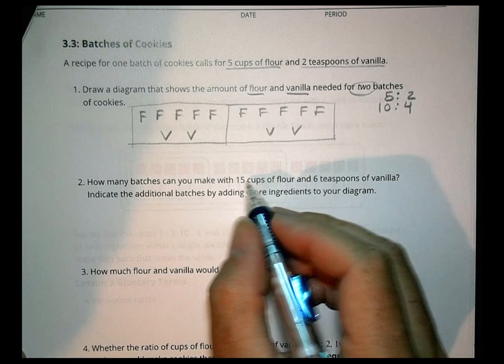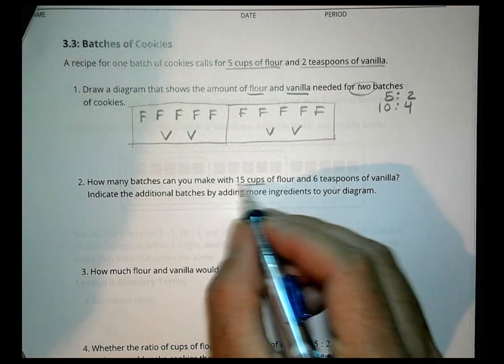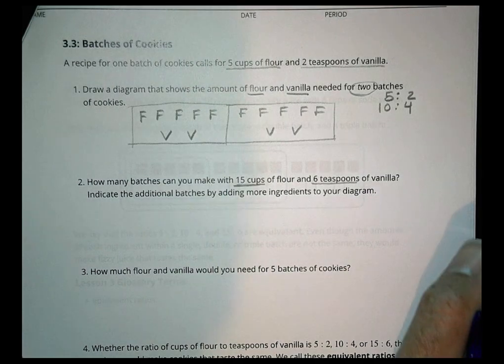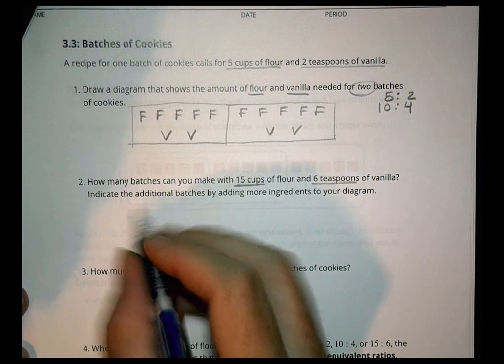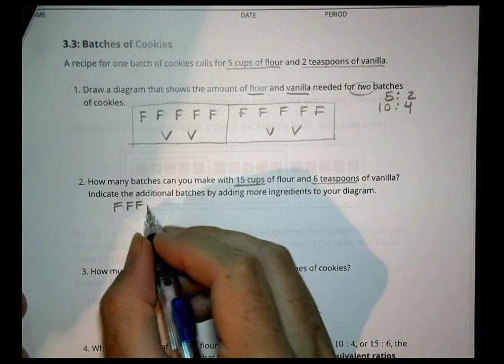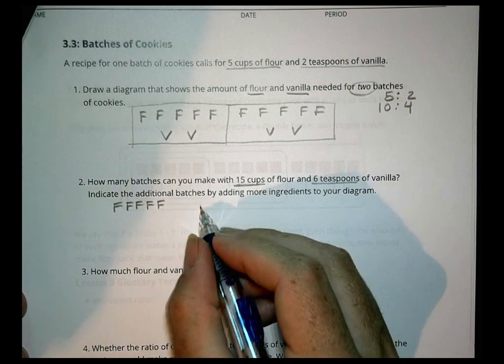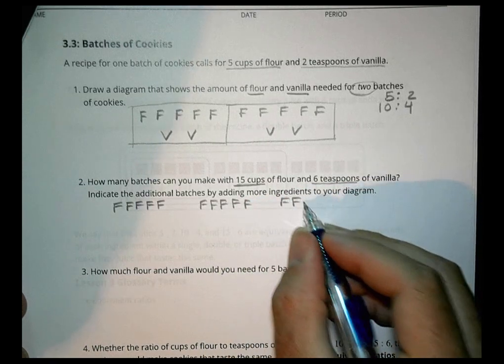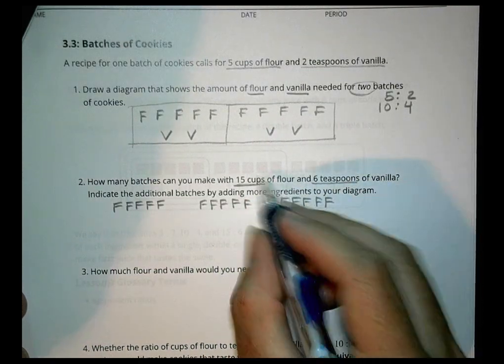How many batches can you make with 15 cups of flour and 6 teaspoons of vanilla? So the question there is, if I have 15 cups of flour, let's draw it out here real quick. 1, 2, 3, 4, 5. 1, 2, 3, 4, 5. And 1, 2, 3, 4, 5. There's my flour.